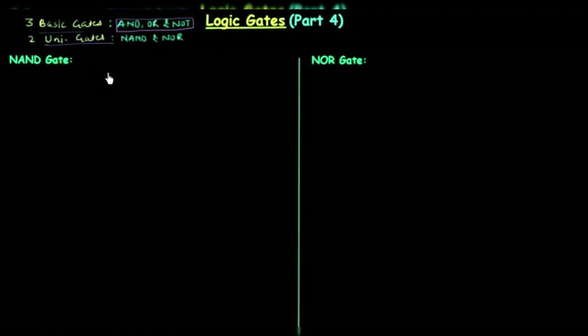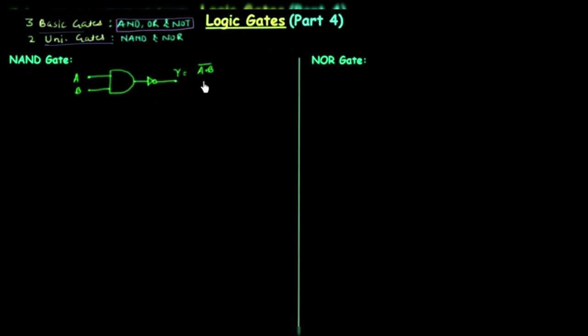We obtain NAND gate by complementing the output of AND gate. So first we have to make AND gate. I will make 2 input AND gate. This is the AND gate. The 2 inputs are A, B, and now we have to complement the output. So I will use one inverter, the NOT gate, and the output Y is A and B and then whole complement.